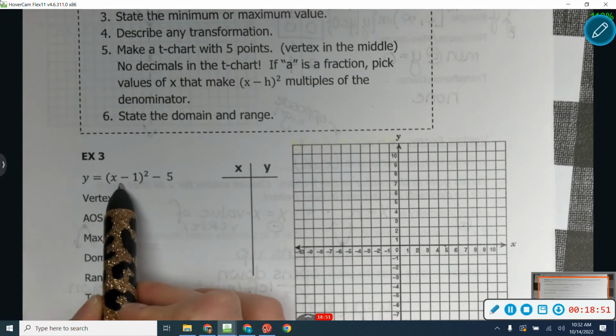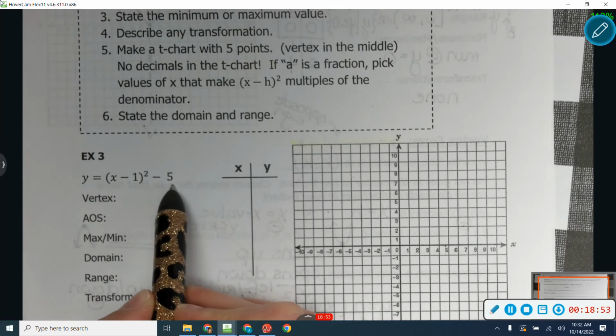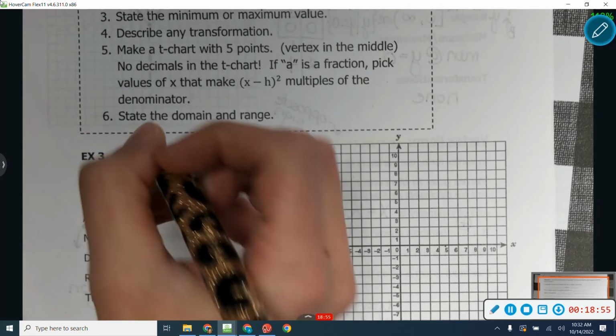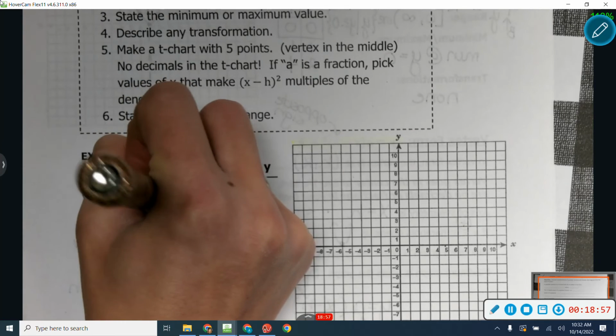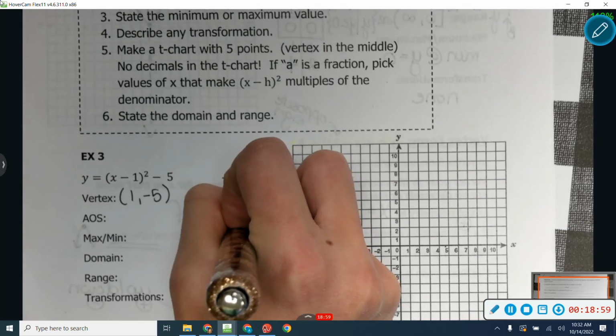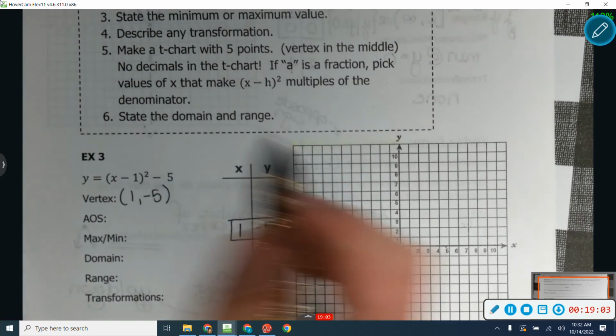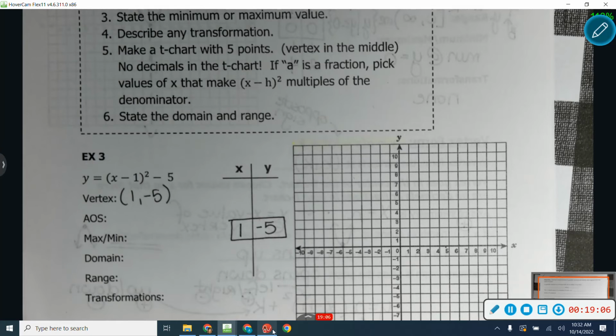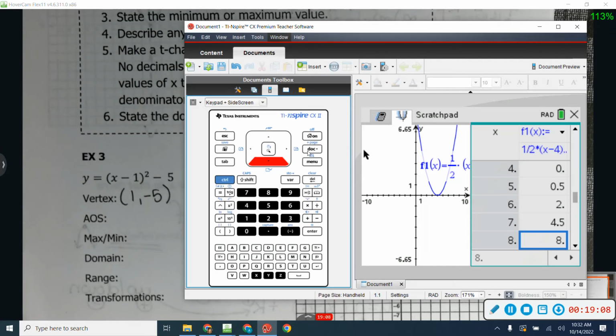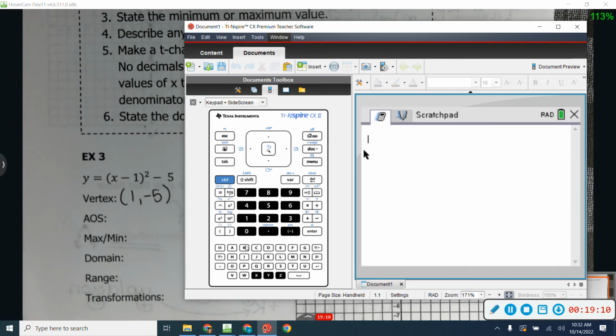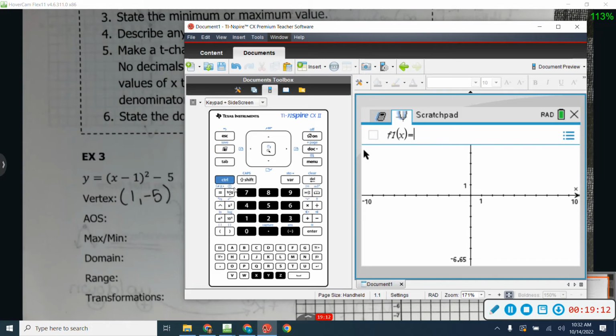So if I have y equals x minus 1 squared minus 5, what's my vertex? 1, -5. So that's going to be in the middle of my table. So then I'm going to go to my calculator. And I'm going to type my equation.